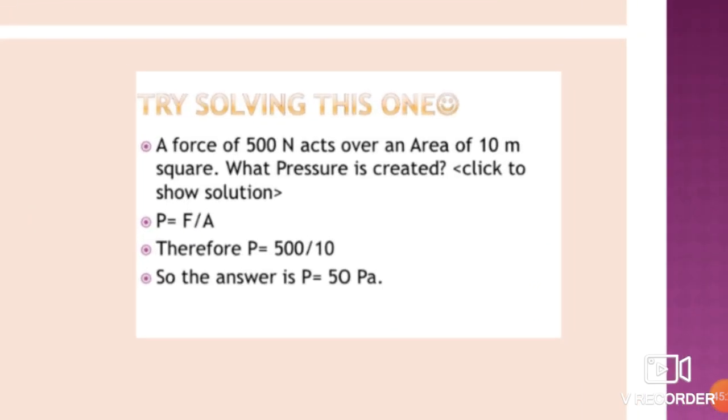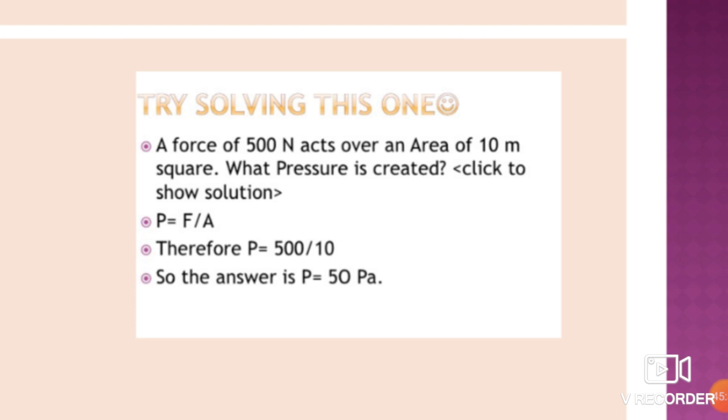Here is also one problem, students, which you have to solve. A force of 500 Newton acts over an area of 10 meter square. What pressure is created? The force is given, the area is given, and you have to just calculate the pressure. The force is 500 Newton and the area is 10 meter square, so you put these values in the formula.